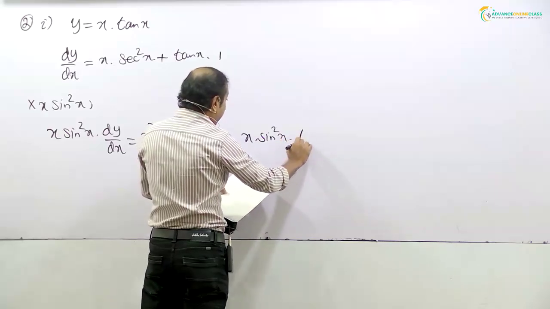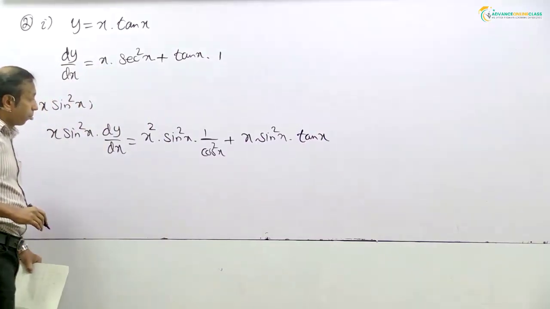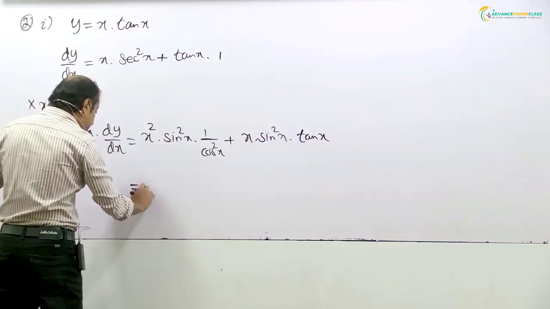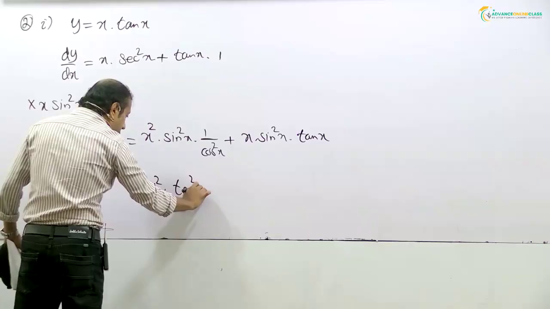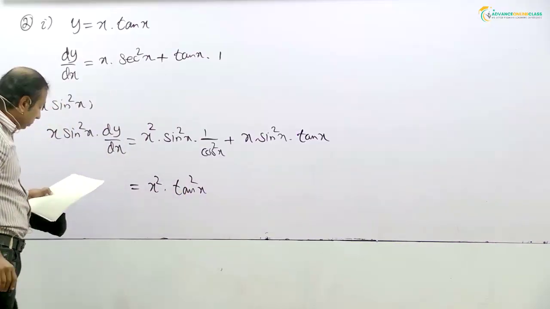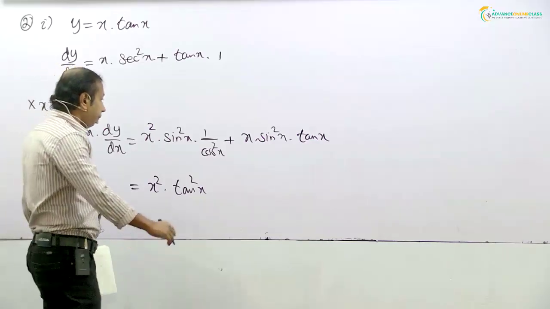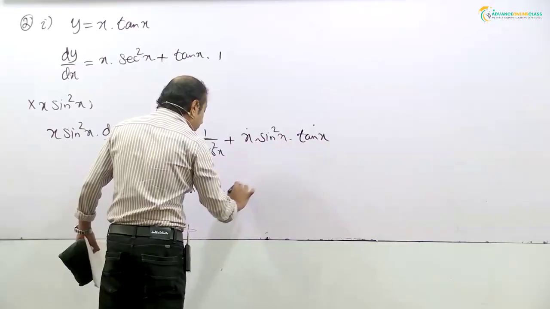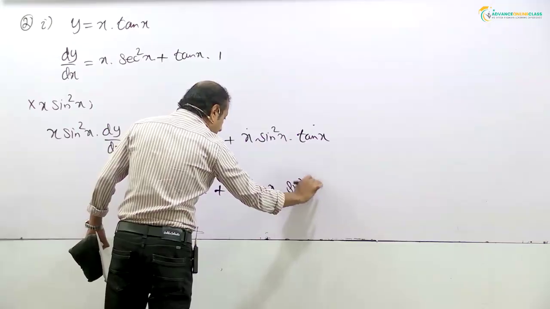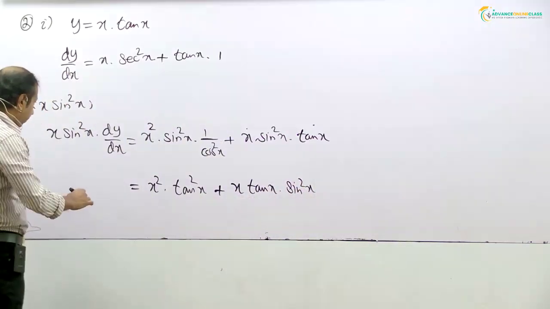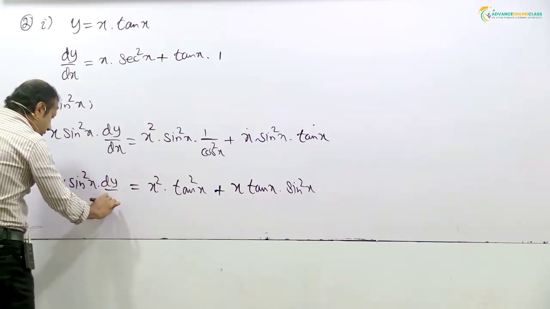What is this really? sin squared x over cos squared x means tan squared x. Here, this and this we can write together: x tan x times sin squared x. Left hand side we have x sin squared x dy by dx.